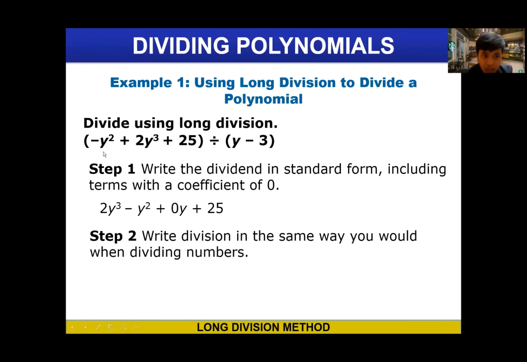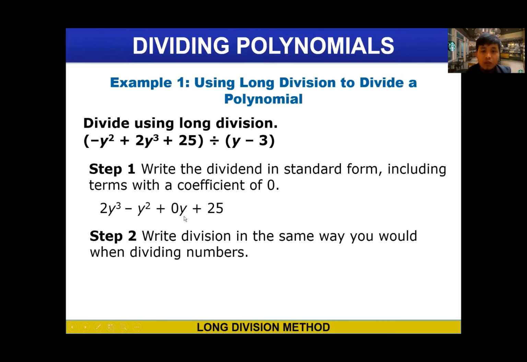If you look at this, this is not written in standard form, so we have to rewrite that in standard form. And if you notice, there is also a missing exponent if we arrange this one. After 2y cubed, supposed to be y squared, and then y raised to 1, but there's no y raised to 1 here, or a linear term.